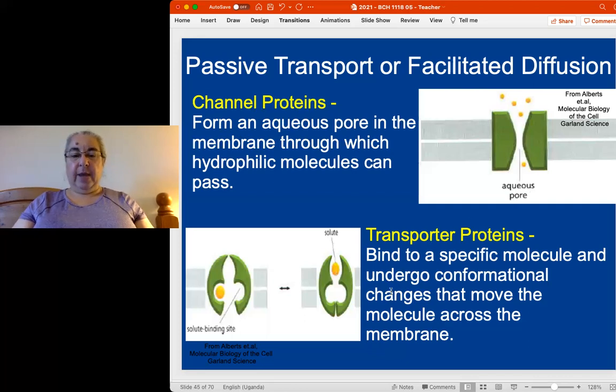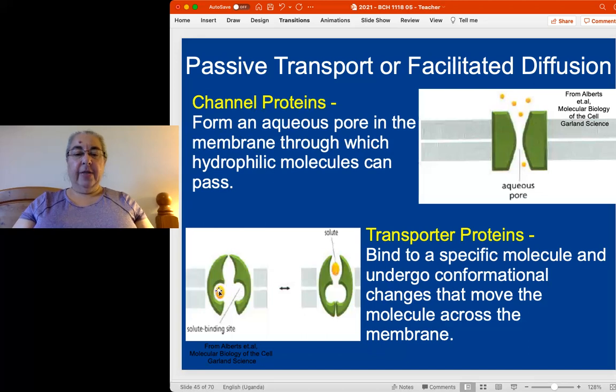A second way of passing through the membrane is to use a transporter protein. So this is slightly more complicated. This is a protein, again, it's embedded in the membrane, but this is an allosteric protein. Remember what that means. It's a protein that changes its shape when it binds to a ligand.